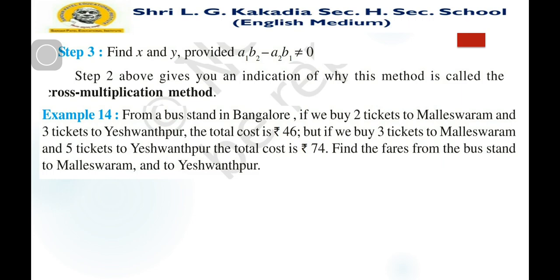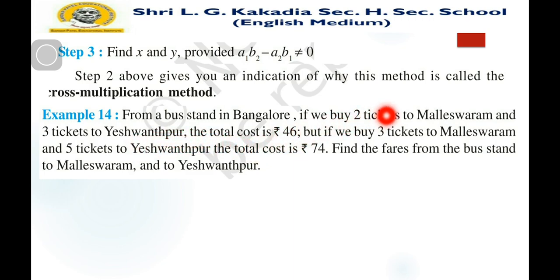From a bus stand in Bangalore, if we buy 2 tickets to Malleshwaram and 3 tickets to Yeshwantpur, the cost is rupees 46. The cost of one ticket to Malleshwaram is not given, and the cost of 1 ticket for Yeshwantpur is also not given.